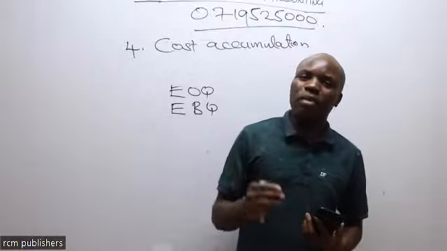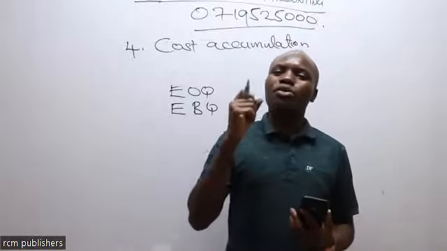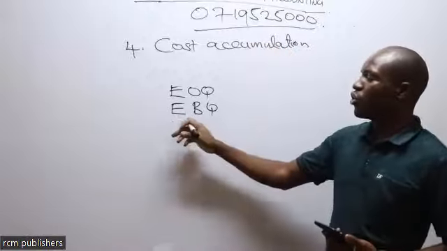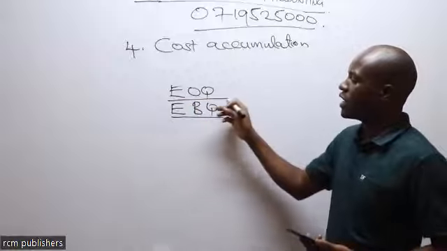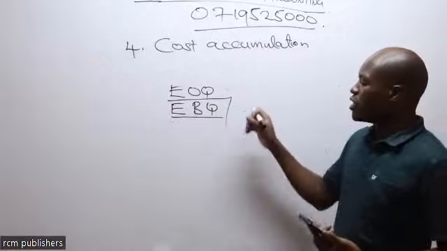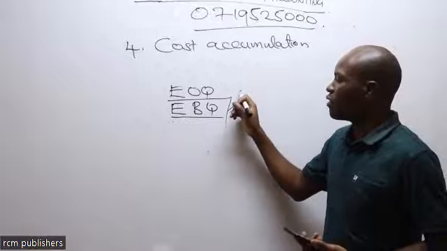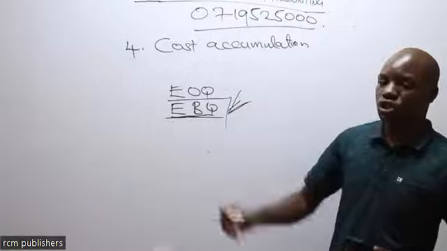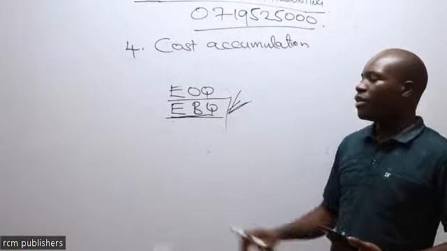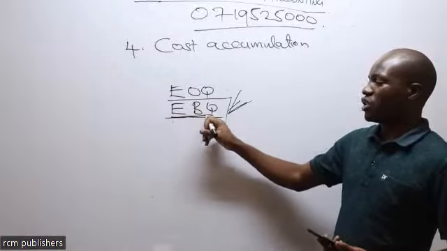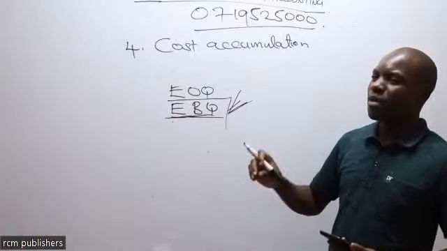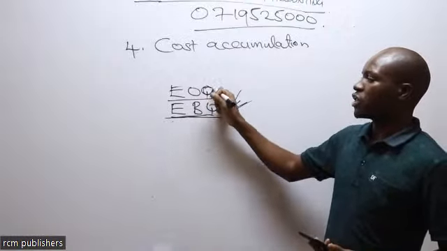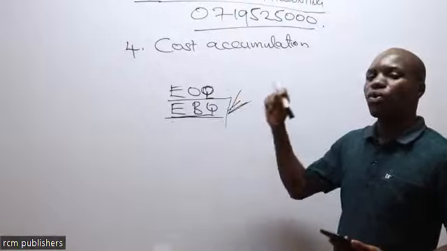That one is okay, but it is supposed to be increased up to a given limit, beyond which I'm going to incur additional cost in storing these goods before I sell them to the market. So to avoid additional cost as a result of overproduction, I need to apply the concept of economic batch quantity. If I'm going to buy goods, that company which is buying, not producing, then they need to know the concept of economic order quantity.